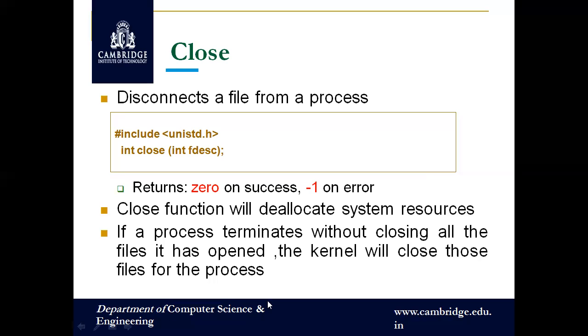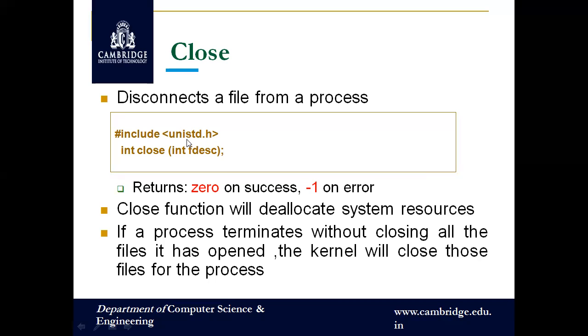The kernel will close all the files and deallocate all the resources allocated, in the case that the process is terminated before the file is closed. So this is a simple explanation about close.